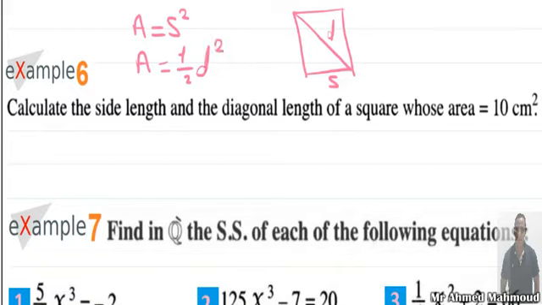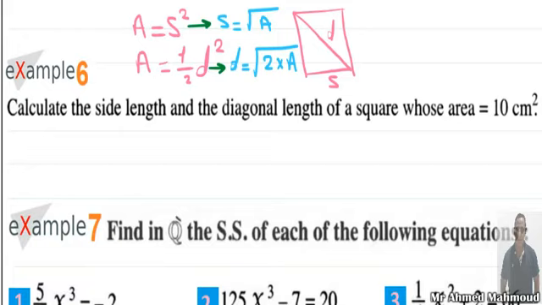If we reverse this rule, then the side equals the square root of the area, and the diagonal equals the square root of 2 times the area. Keep these rules. This is very important. Write it in your notebook.